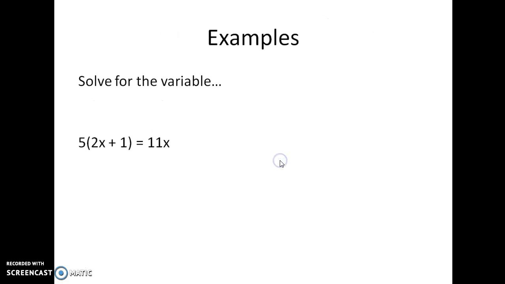Alright, now we're going to go into slightly harder problems where we're adding another step. I have parentheses in this problem: 5 times the quantity of 2x plus 1, and all of that's equal to 11x. What's the first step? Starts with D. I need to distribute. I'm going to take this 5 and multiply it by 2x, and take the 5 and multiply it by 1.